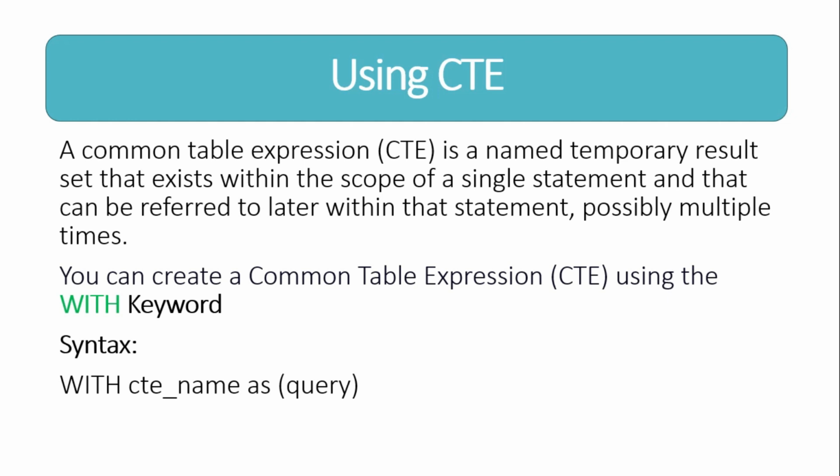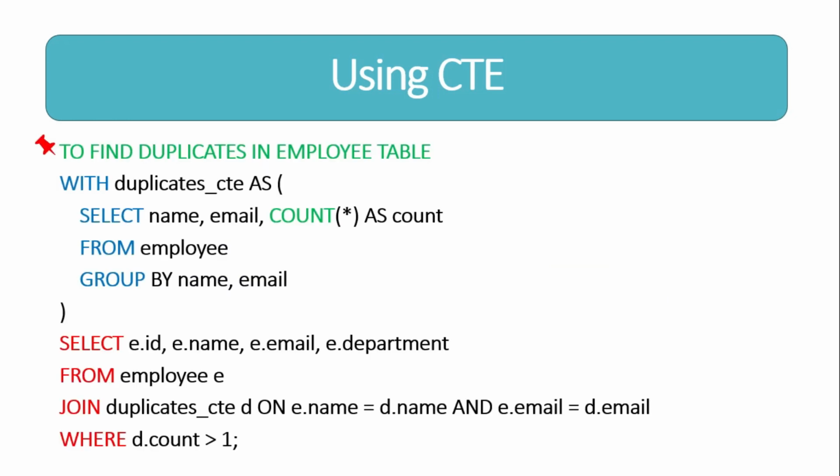You can create a CTE using the WITH keyword. The syntax for that is WITH, the CTE name, and AS, then you write the query. So to find the duplicates in the employee table, you can create a CTE that groups rows by the suspected duplicate columns like name and email, and then select from that CTE where count is greater than 1.